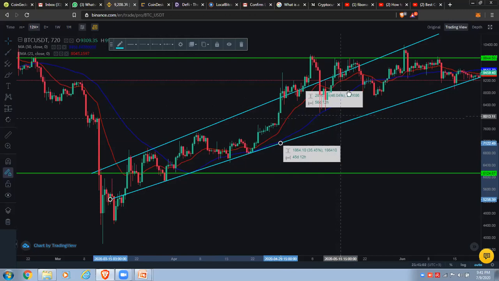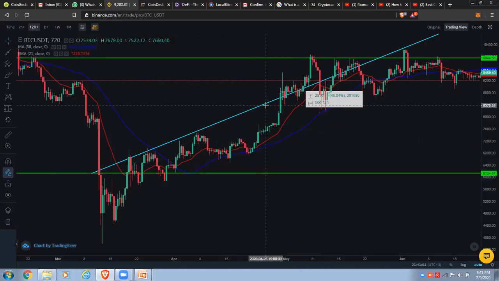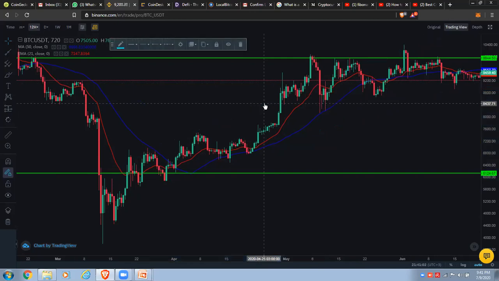And then we got to a sideways market. So basically, we were traveling through this channel, and I can tell you where the channel ended. The channel ended right here.